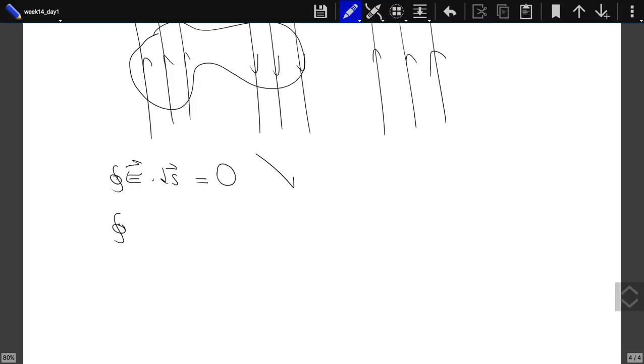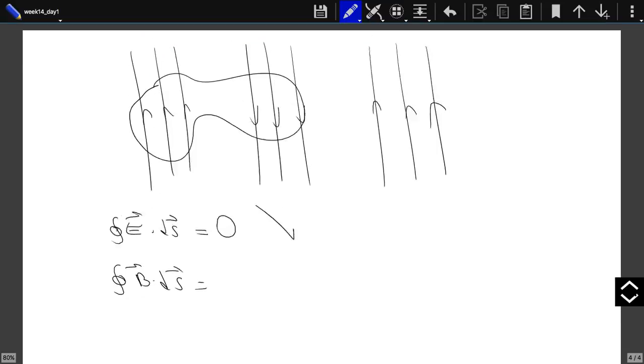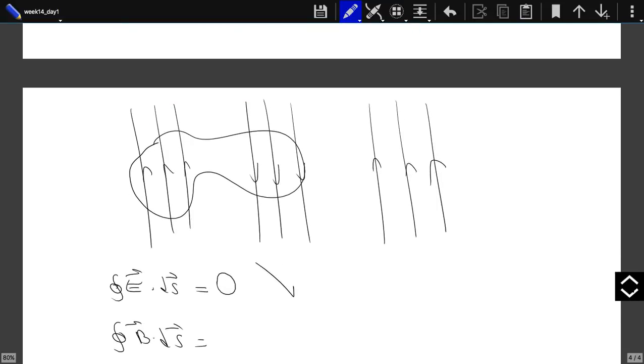Let's look at the second one. B dot ds. I mean, just rotate these by 90 degrees and you get the magnetic field lines. So the integral of B dot ds is again 0. So the second Maxwell's equation is also satisfied.